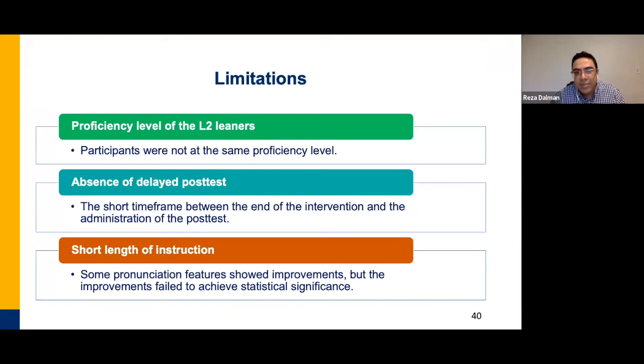Future research might investigate online intelligibility-based instruction for a longer period of time, maybe 5 or 6 weeks, to see to what extent those features would improve from pre-test to post-test, and to what extent there is more significant improvement in the intelligibility and comprehensibility of all learners.